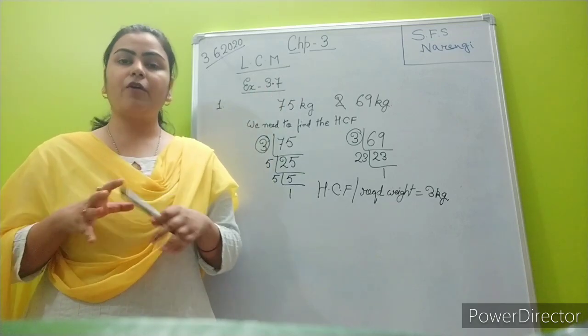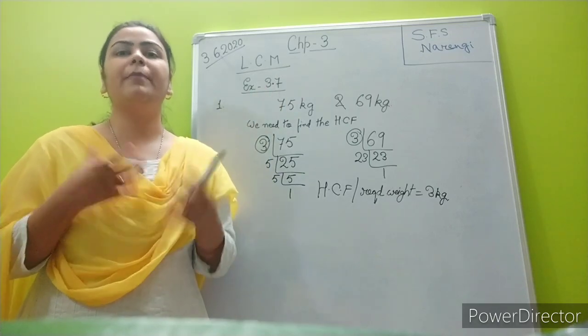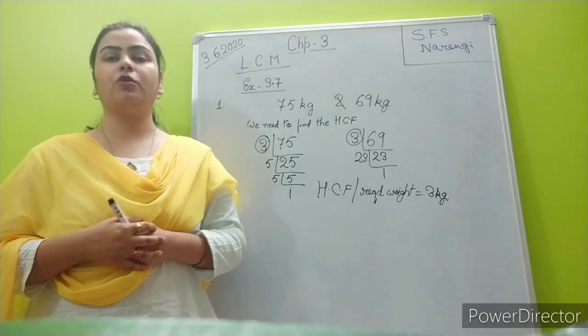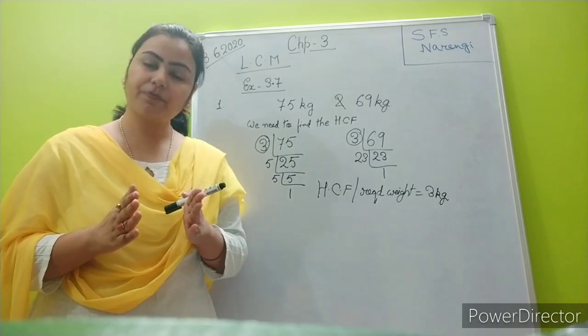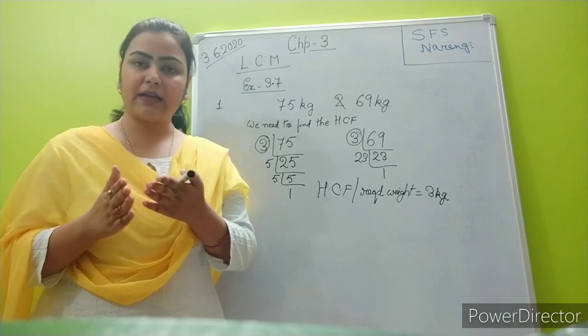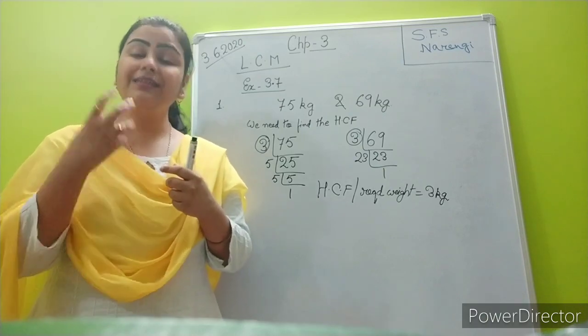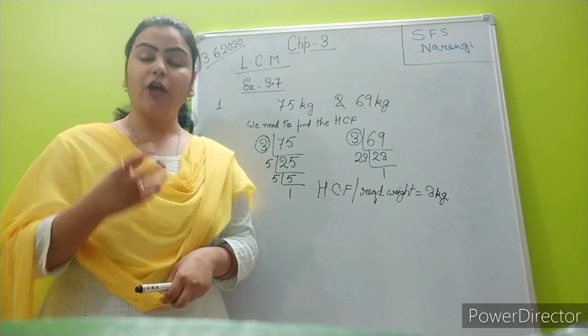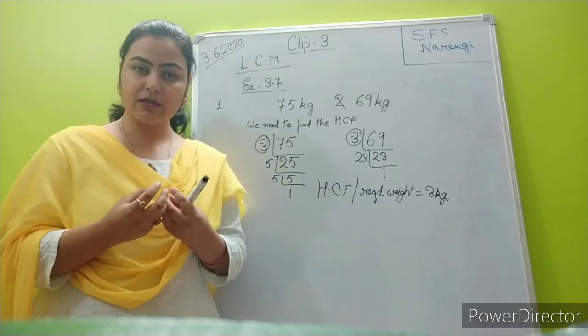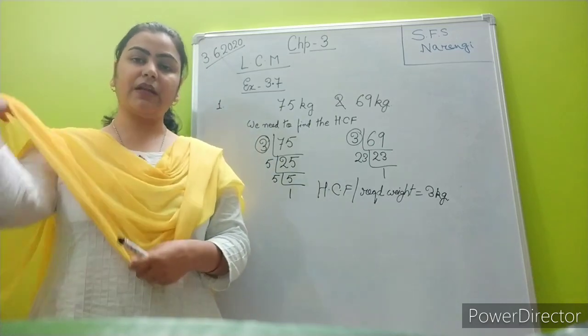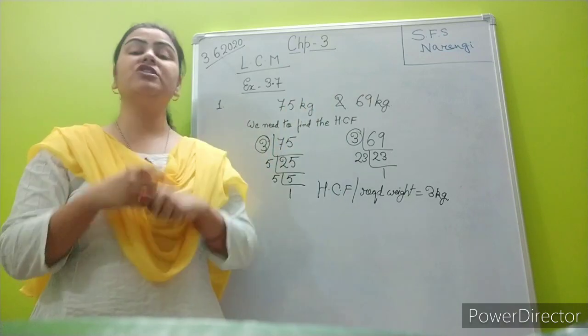So simply, or if I have to put it in an easier way, read the question and try to analyze whether the answer that you will be getting needs to be smaller. Supposedly numbers are given, like in this one, 75 kg and 69 kg.